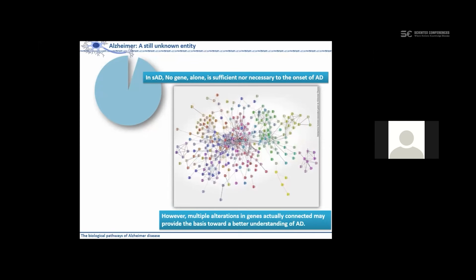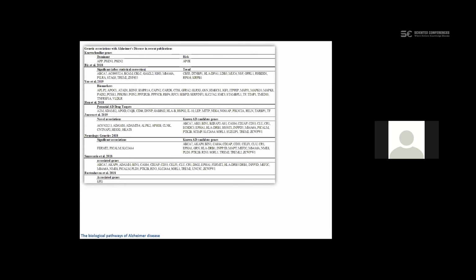So with this cross, we have obtained a really big group of pathways. Through pathway analysis and the use of bioinformatics tools, we have obtained over 200 or 300, I think, different significant and important pathways related to AD.